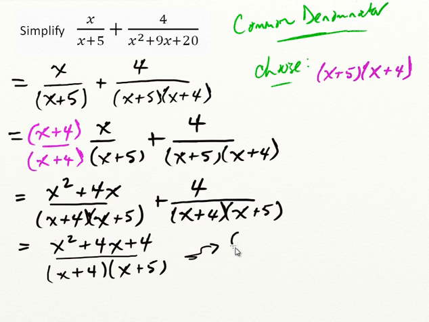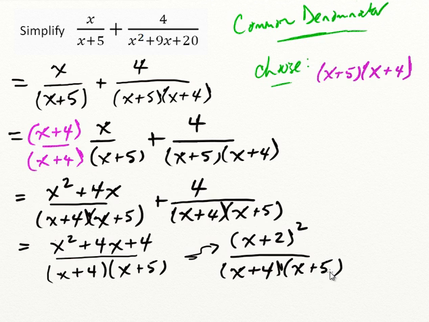I'm going to look at the top now, that's x plus 2 squared, because that is a perfect square, over top of x plus 4 and x plus 5. So there's the final answer.